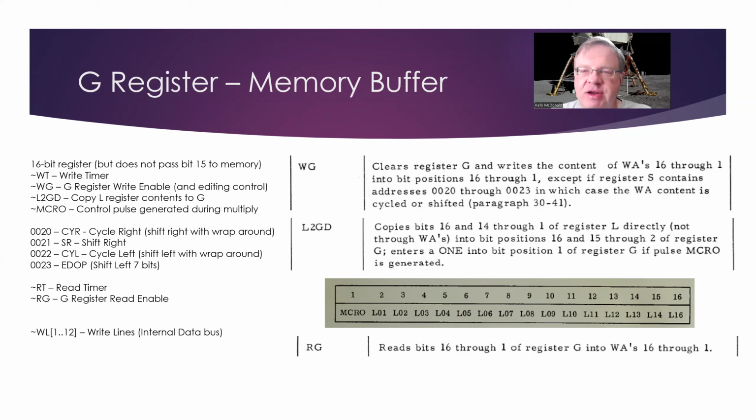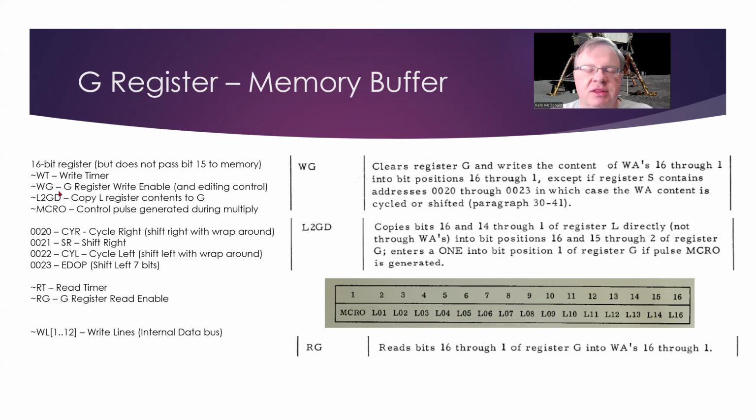However, because the G register is used for a few other things like shift operations, and we'll talk about this L2GD control pulse, it actually is a 16-bit register. We'll talk about parity in a subsequent episode because we are going to hook that up so that we can actually generate parity alarms, which is an important part of how the AGC functions.